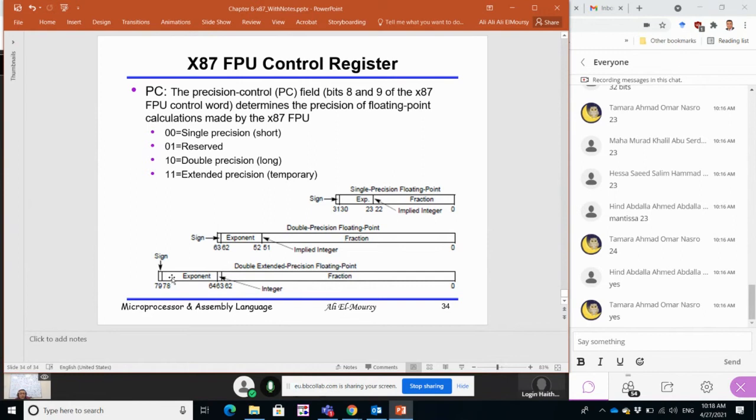In the double extended precision, you will be able to utilize all the 80 bits of your data registers. Okay, in this presentation you have actually 63 bits for the fractional mantissa.